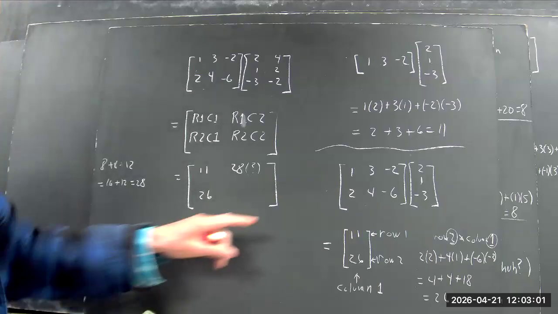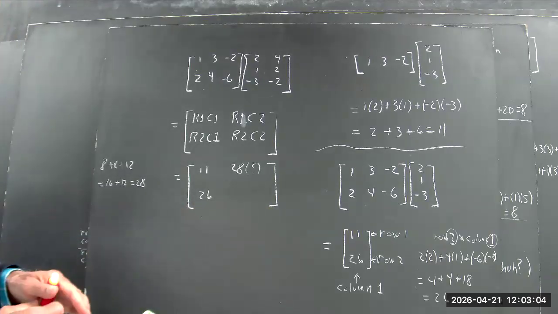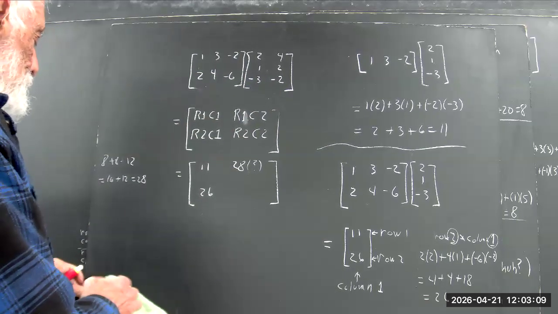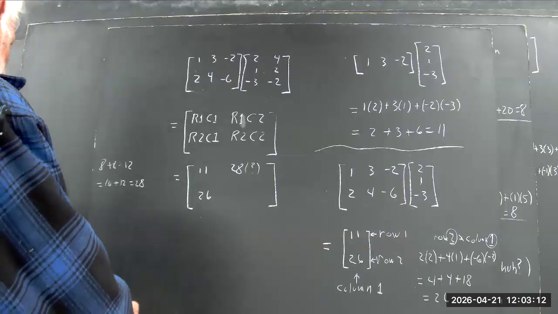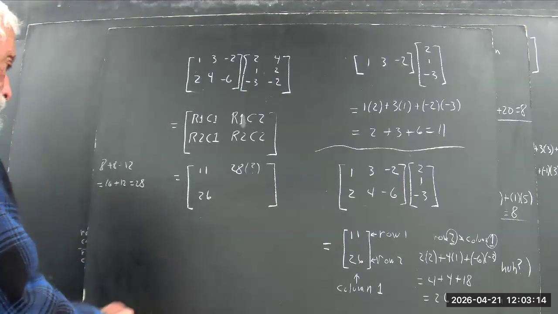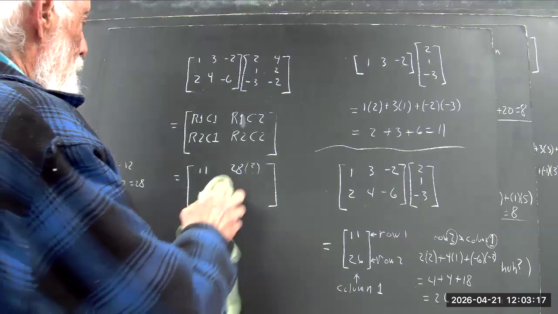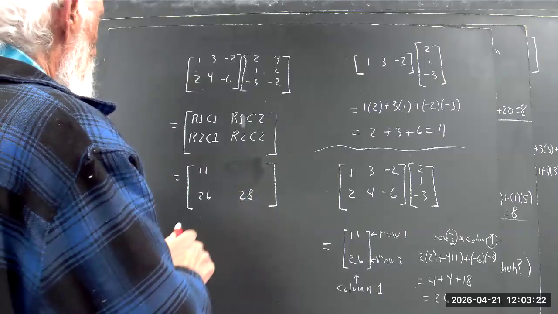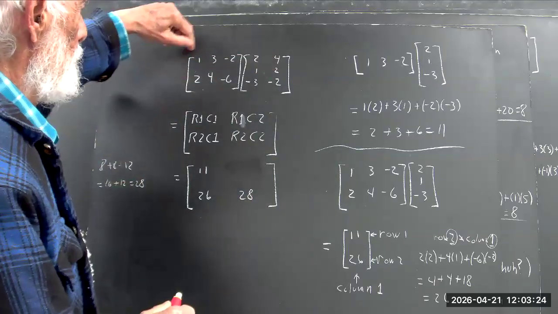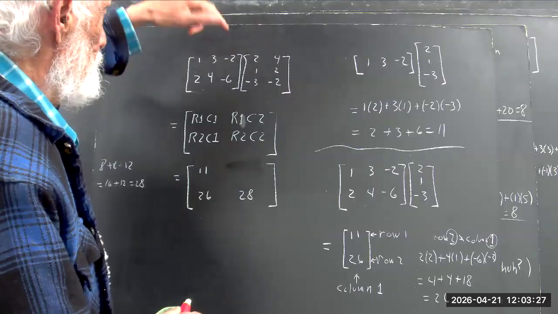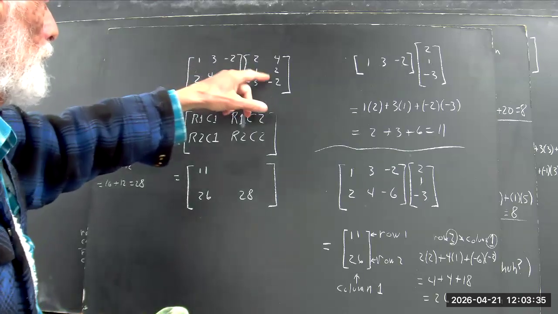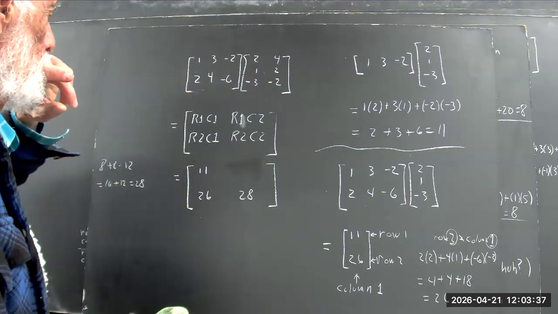Did you get 28 for this number? Because I was doing row 2 times column 2. Row 1 times column 2 would be 4 and 6, which is 10. Well, no. Row 1 times column 2: 1 times 4, 3 times 2, negative 2 times 2.